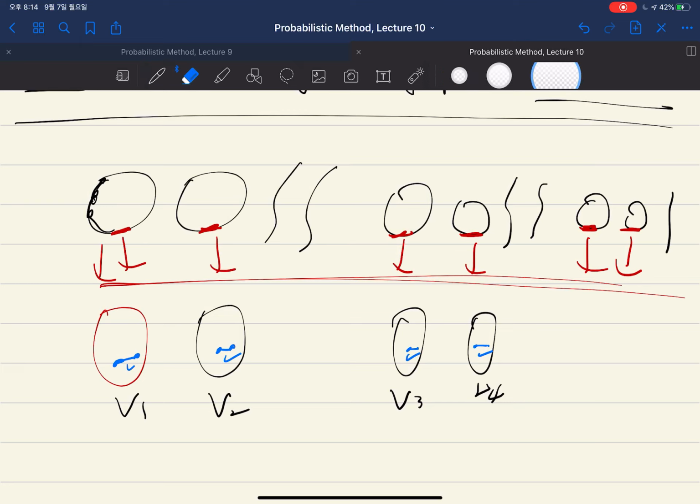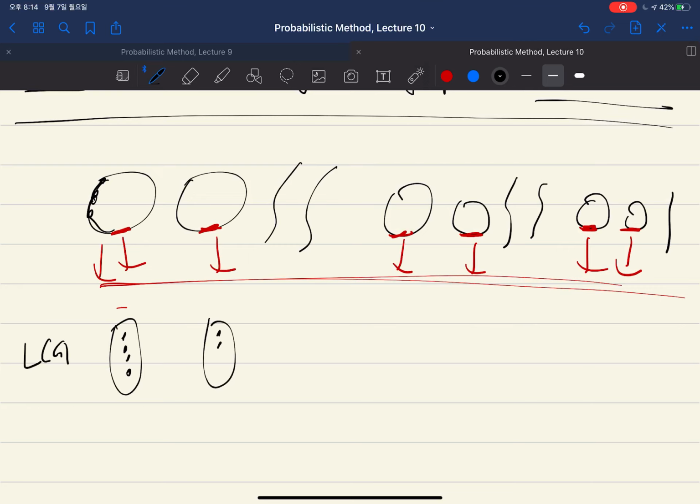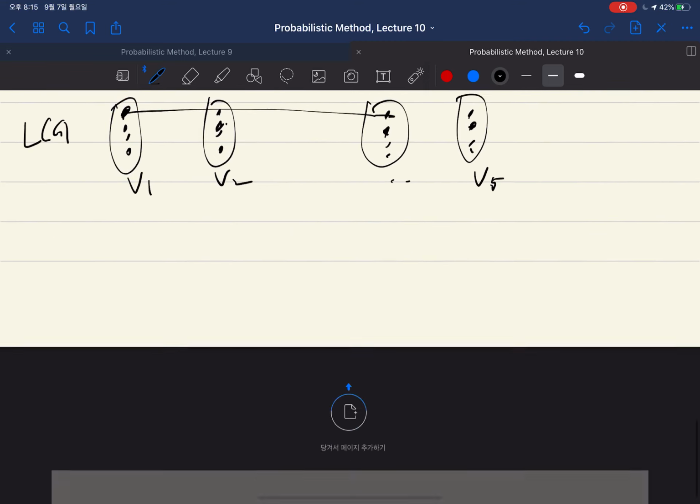So instead, if we change each edge into a vertex in a line graph, then in the line graph we have vertices, and if this edge and this edge are incident, then these vertices are adjacent. So we have several sets, and then we choose one vertex from each set, and we want to make sure that it's an independent set.